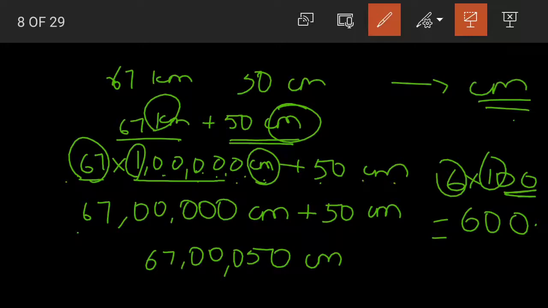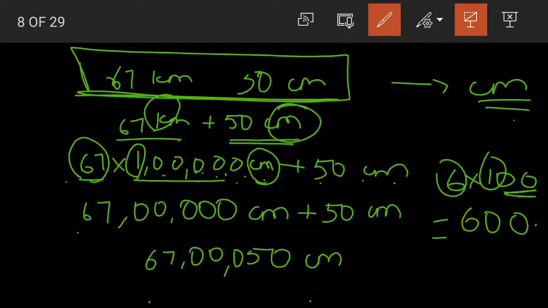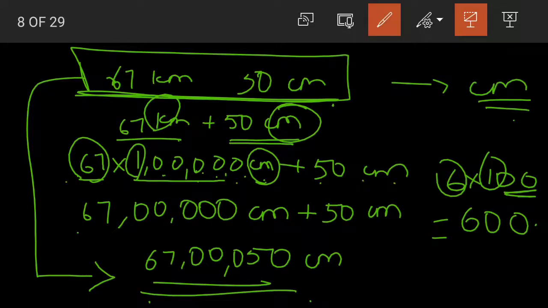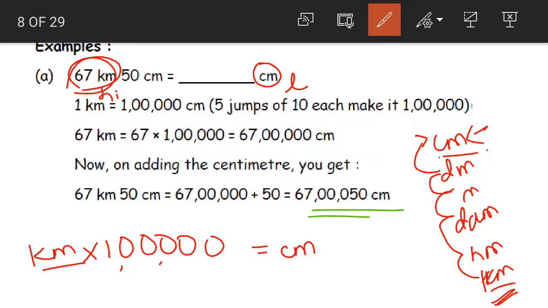Is this clear children? Our actual question was 67 kilometers 50 centimeters. When we convert this whole into centimeters, we will get 67 lakh 50 centimeters. That is our final answer.